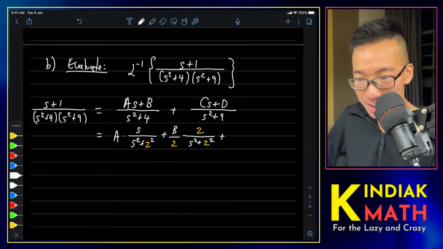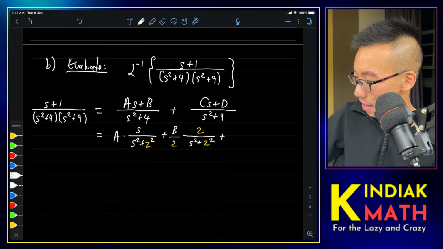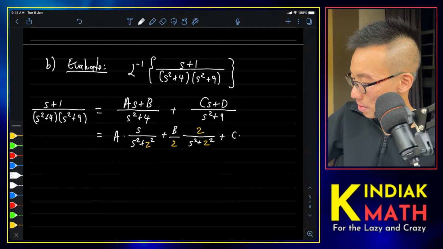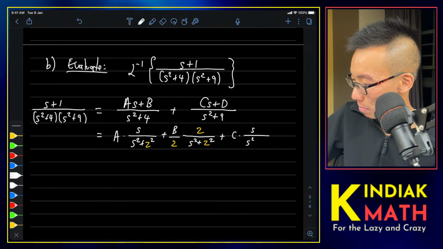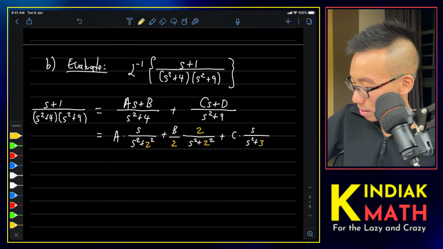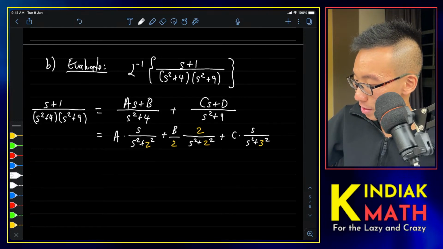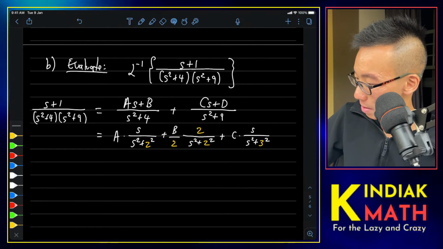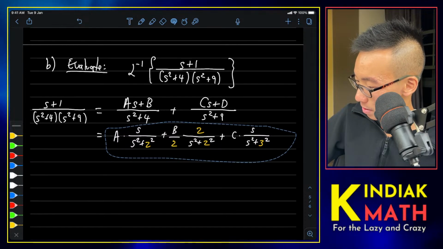For the next decomposition, it's the same idea. This will be c times s divided by s squared plus 3 squared. Maybe I can make some space for us.